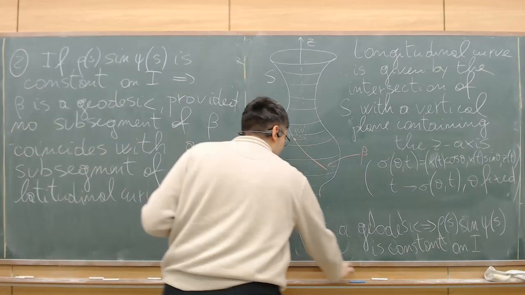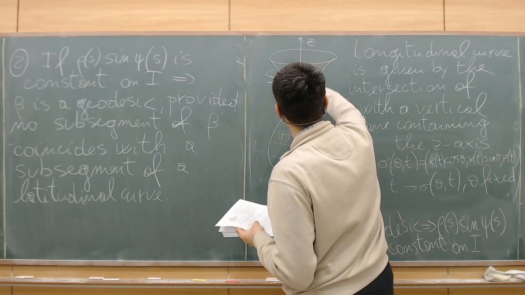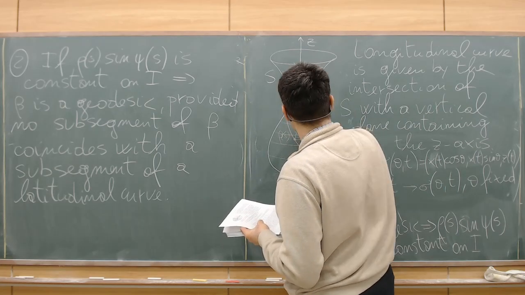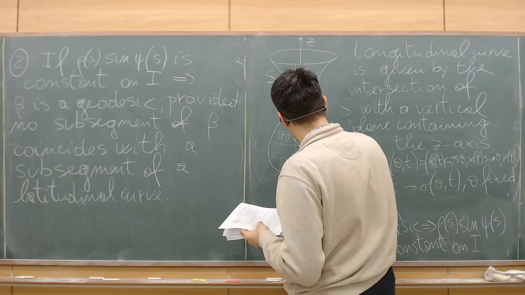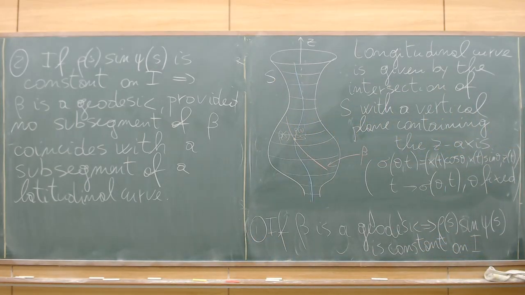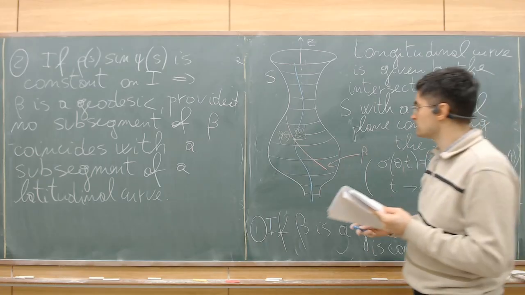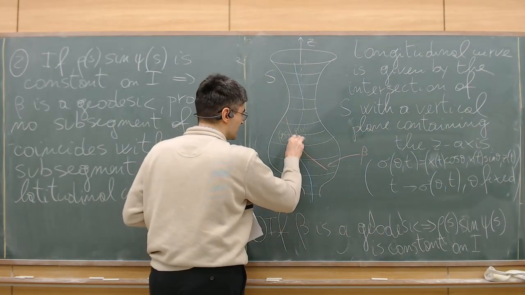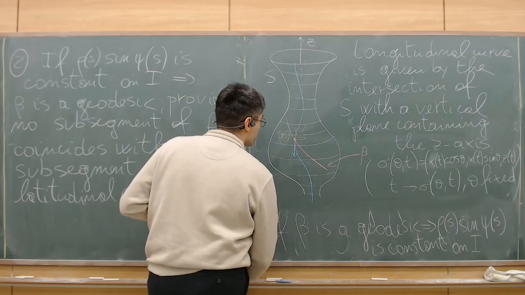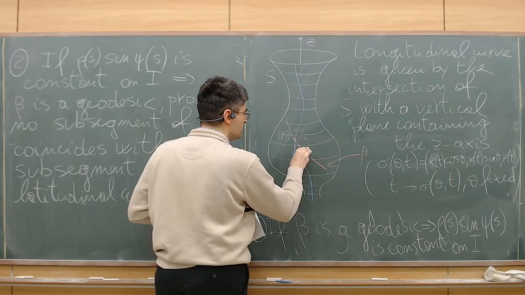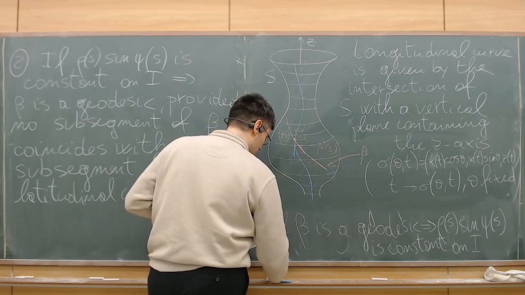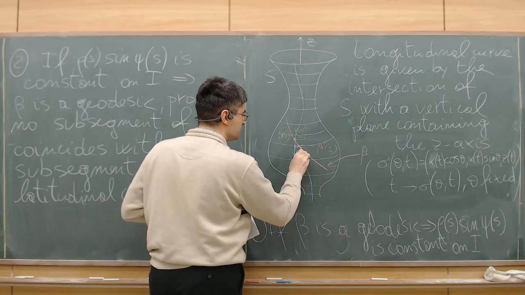So let's mark this curve using a blue color, for example, this one. So this is the tangent vector, this is beta prime, and this is the angle psi.